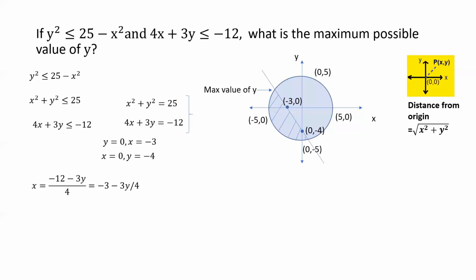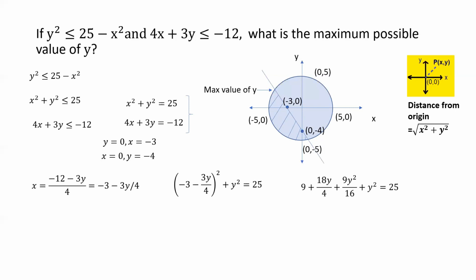So just express x in terms of y from the linear equation, and we're doing this because here we're interested in solving for y. Once we have expressed x in terms of y, we substitute that in the equation x squared plus y squared equal to 25. When we do that, this is what we get.